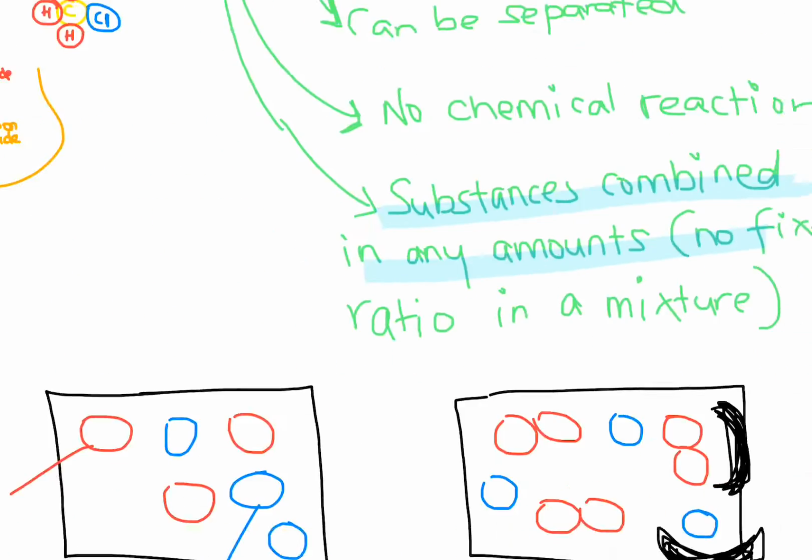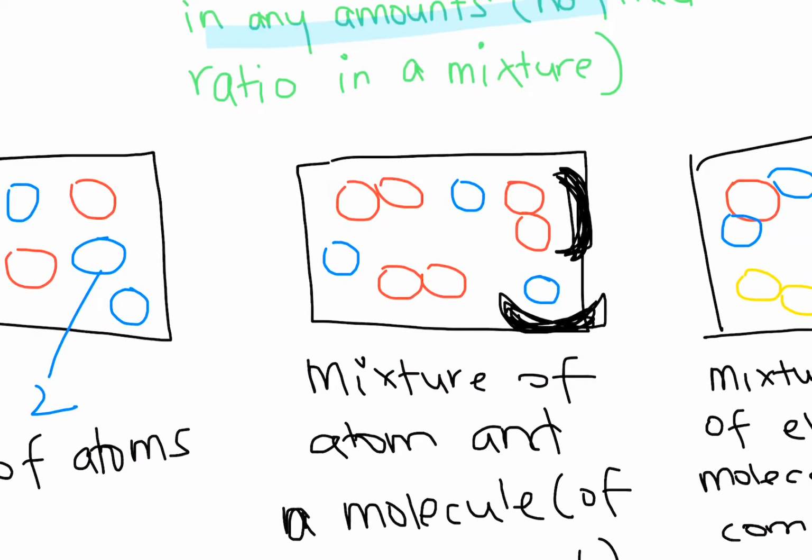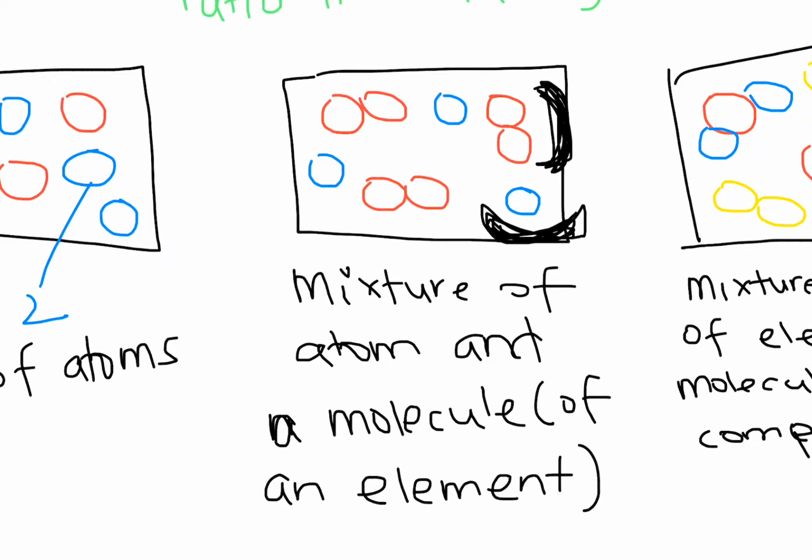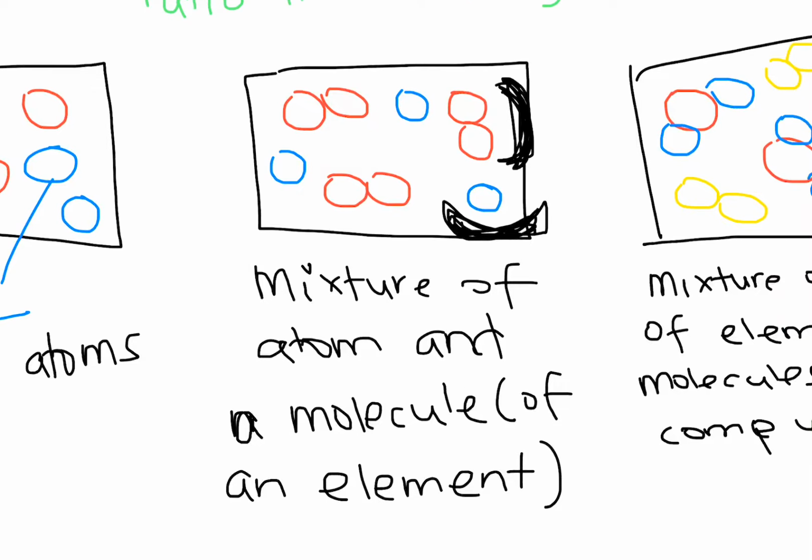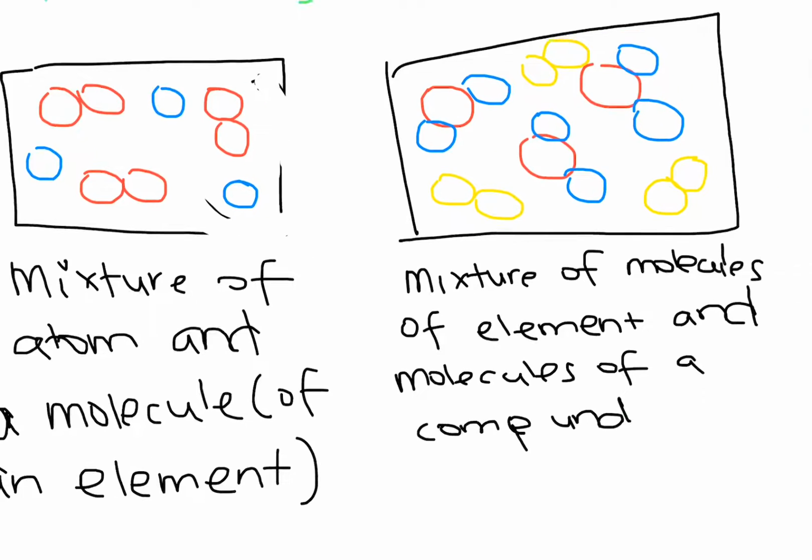So this box contains a mixture of atoms of an element, the blue one, and molecules of an element, the red one. This is just to show you the different substances in there.